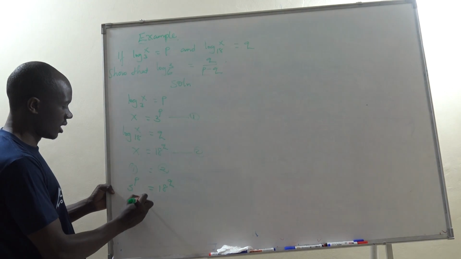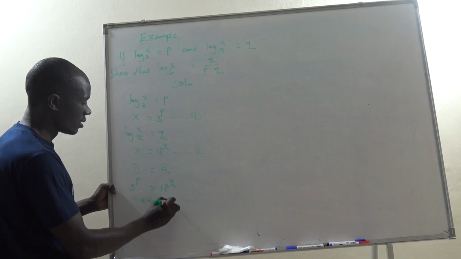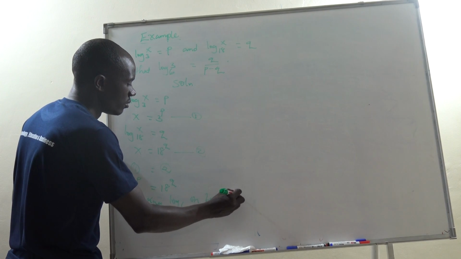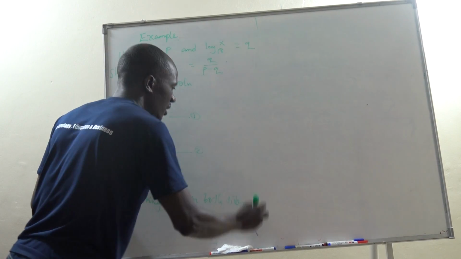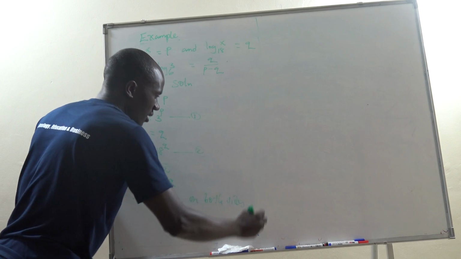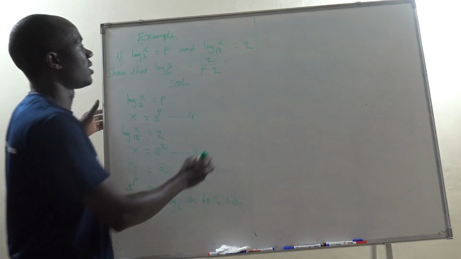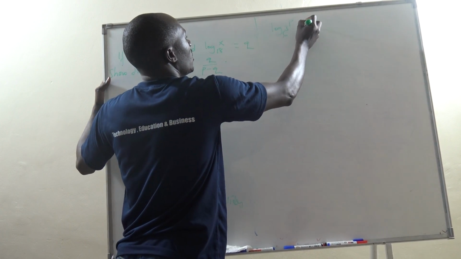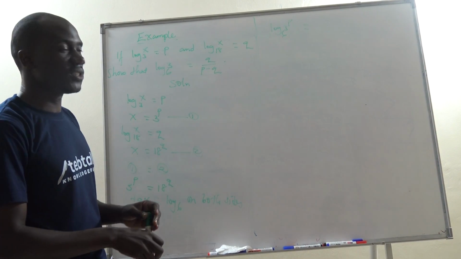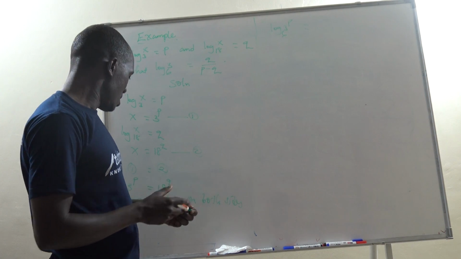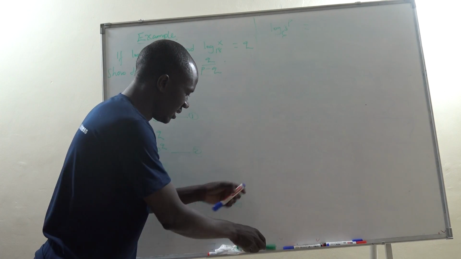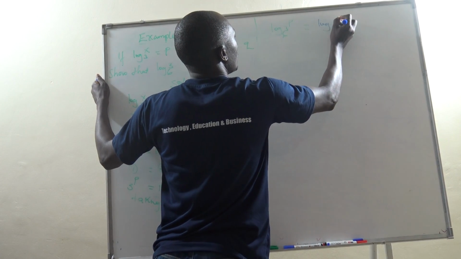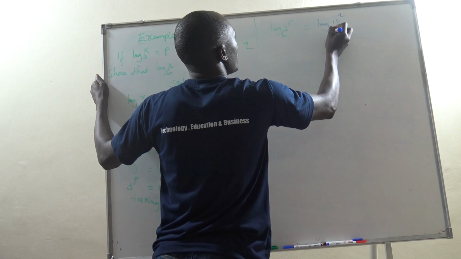So we are taking log to base 6 on both sides. We are going to have log of 3 power p base 6 equals log of 18 power q, still base 6.